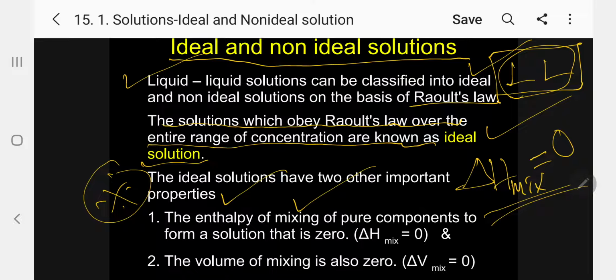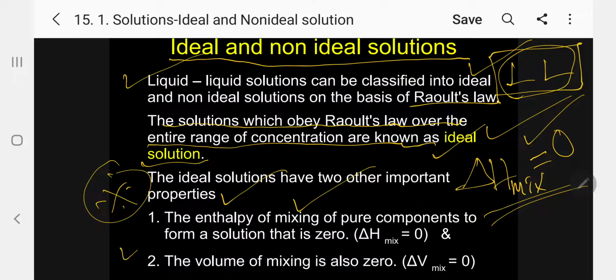Suppose I mix two liquids, liquid 1 and liquid 2, one will be solvent and the other solute, and the total delta H during the forming of the solution is 0. There is no positive value, there is no negative value; then it is called an ideal solution.